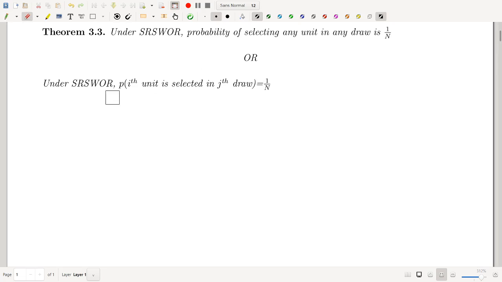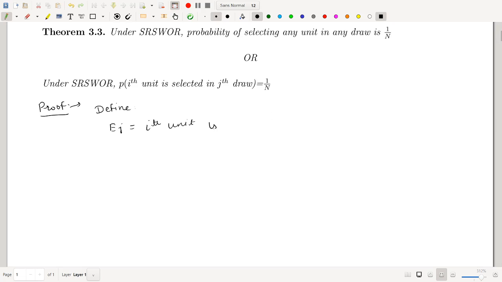To prove this one, in SRSWR also this probability is 1 upon N, and we want to prove this for SRSWOR. So proof. First define the event Ej as: ith unit is selected in jth draw.